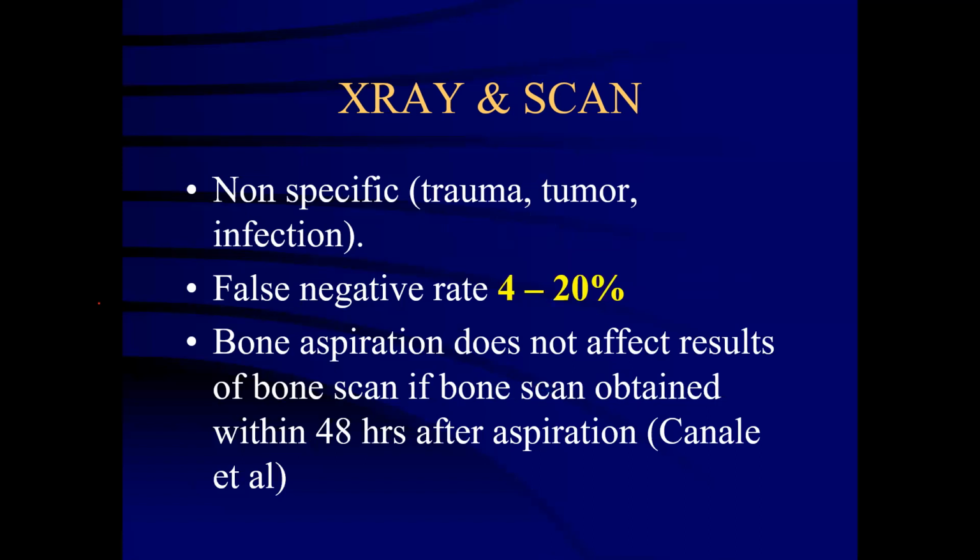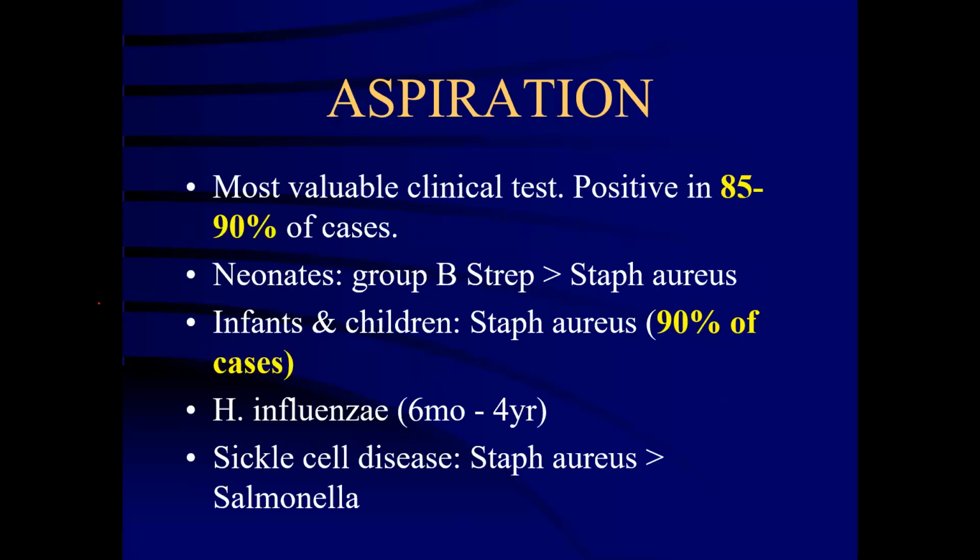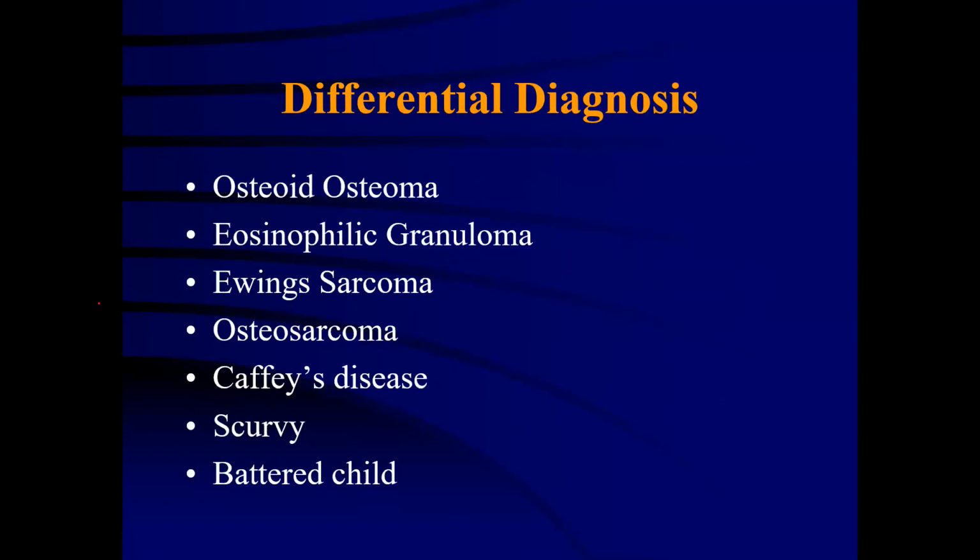They have a history of non-specific trauma. They have a false negative rate of 4 to 20%. MRI sensitivity equals bone scan, specificity greater than bone scan. Aspiration, all these to confirm the presence of infection.